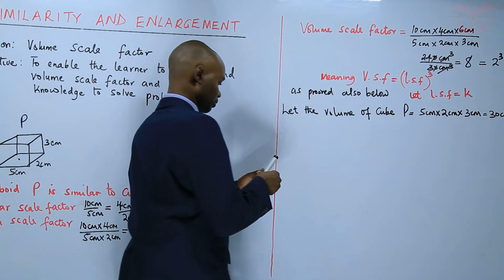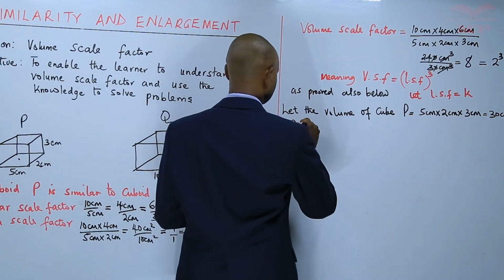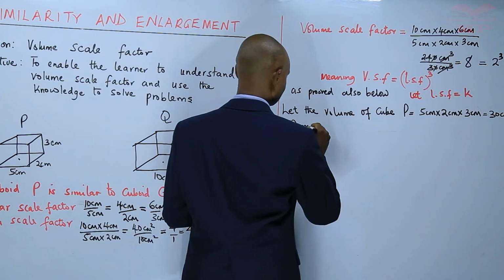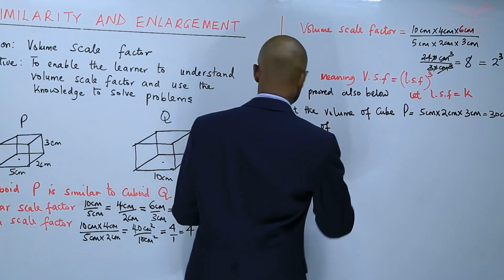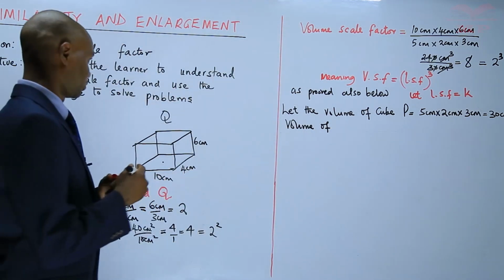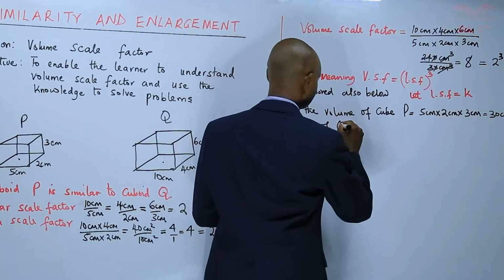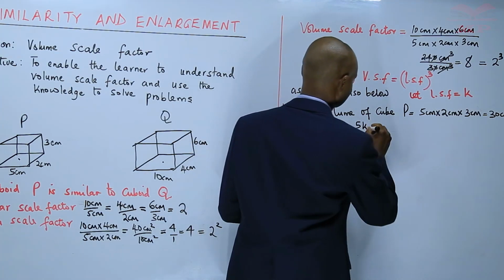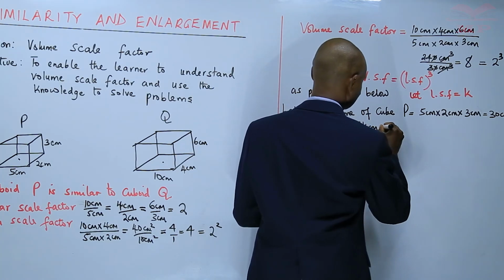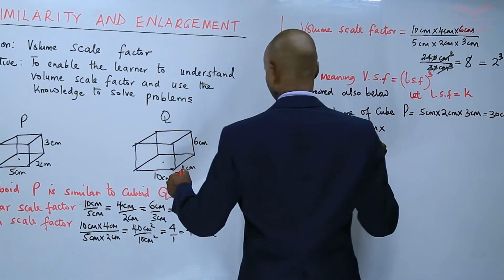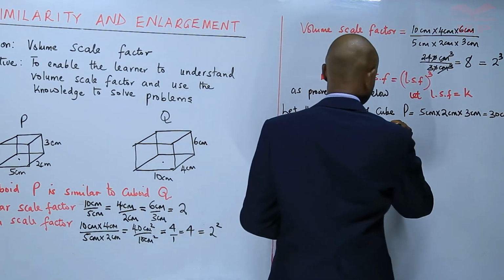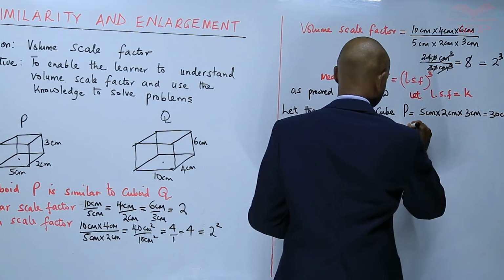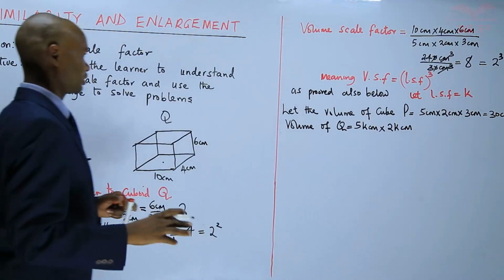So the volume of Q is 5K centimeters times 2K centimeters times 3K centimeters. Where am I getting 5K?